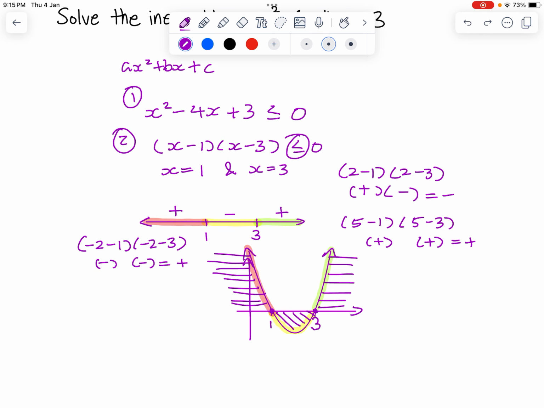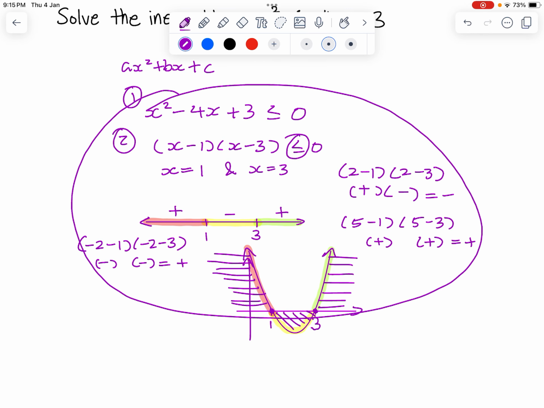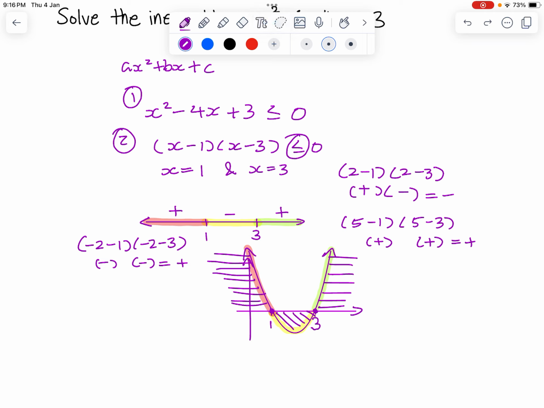And so now that we fully understand what's happening, what's our final answer? So our final answer is going to be, here you can see that the equation says x minus 1 times x minus 3 is going to be less than or equal to 0.